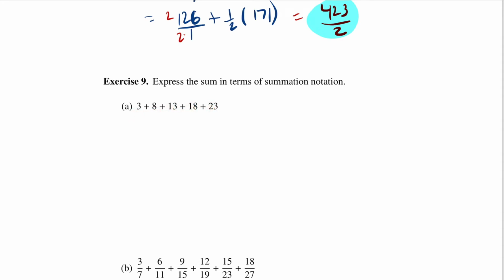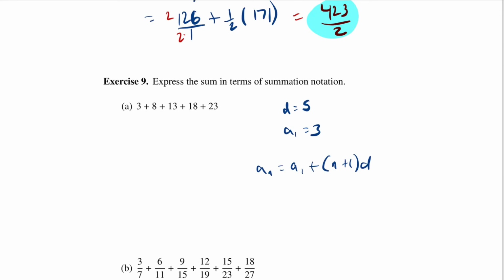All right, so let's see. Oh, actually, that's a minus. All right, so let's see. The first term is going to be 3 plus n minus 1 times 5. Distribute, combine like terms. You're going to get 5n minus 2 after you combine like terms.